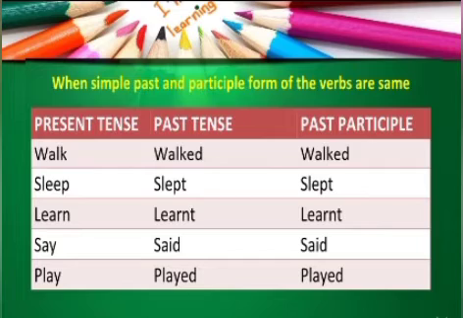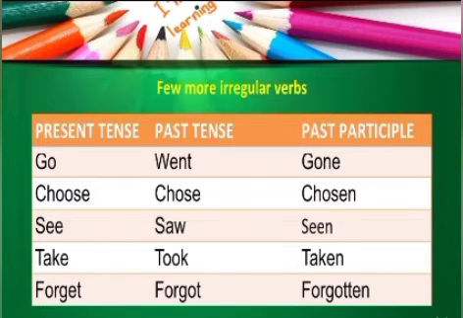Here the past and the past participle form of the verb are the same. Let's move ahead and see a few more examples, which are the irregular verbs. That means none of the forms is going to be the same. Like go, went, gone; choose, chose, chosen; see, saw, seen; take, took, taken; forget, forgot, forgotten.